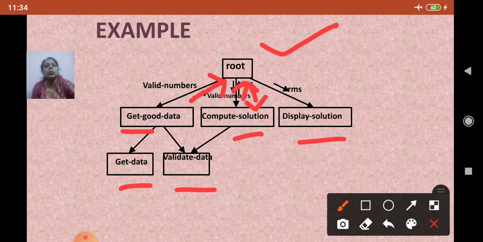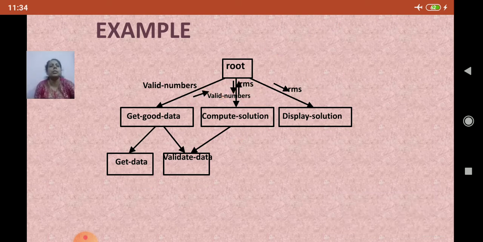The RMS goes to the main root module, and the RMS is displayed through the display solution module. So this is the structure chart of RMS software, and it is very easy to implement in any programming language. The programmer uses the structure chart to implement it in a programming language.